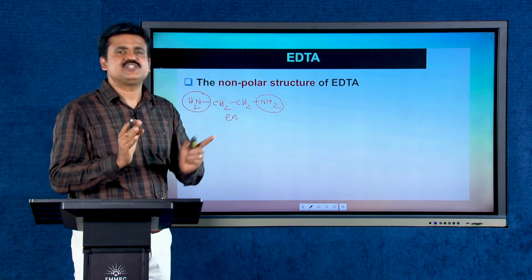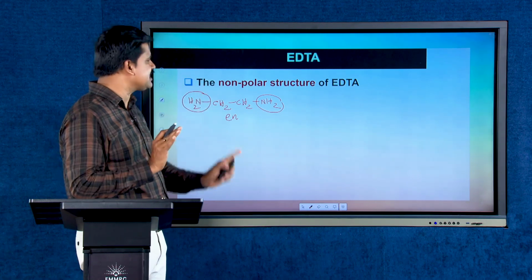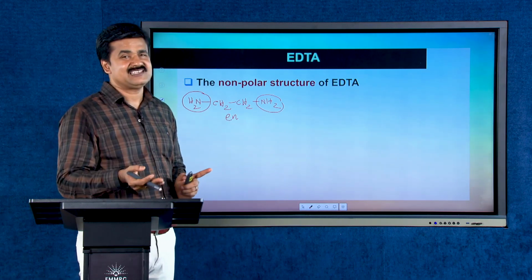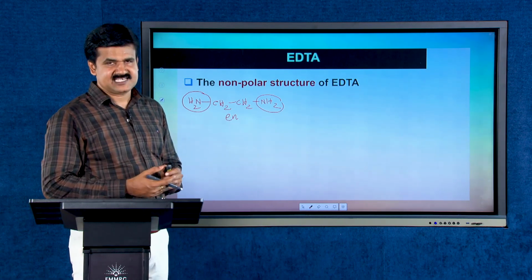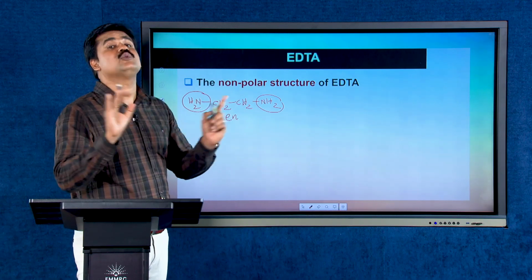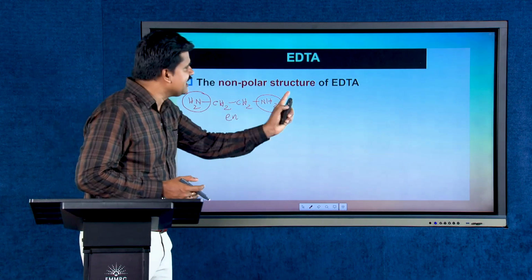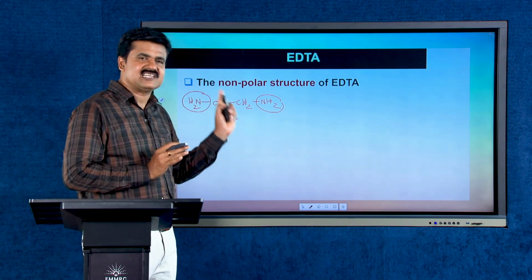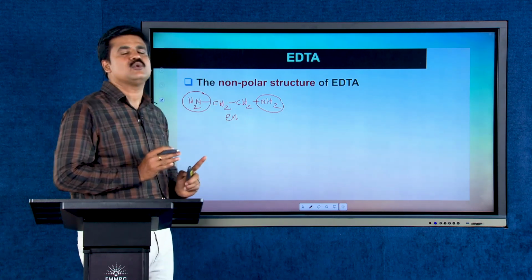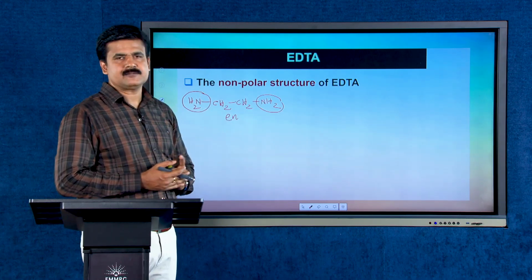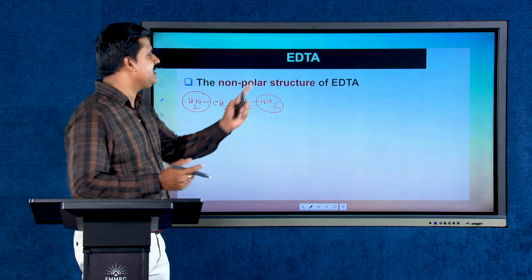Therefore, I have to incorporate four acetic acid molecules in this ethylene diamine. Then I will get ethylene diamine tetraacetic acid. So, the non-polar structure, the structure without charge separation, of ethylene diamine tetraacetic acid is obtained by incorporating four acetic acid molecules into this structure of ethylene diamine. That's why it is possible to represent the structure of EDTA like this.